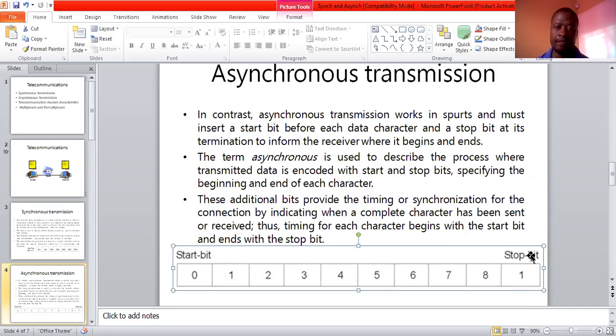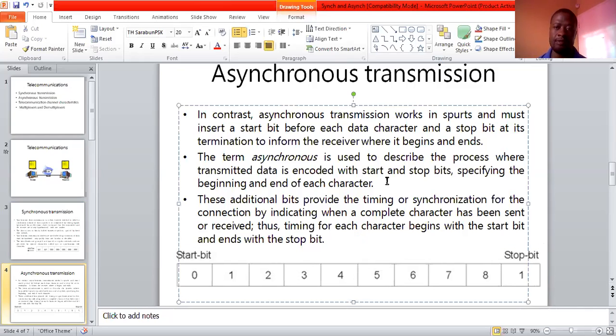When you're sending data, you need to alert the system that you are about to send something. Then when you are done, or when you want to terminate the transmission, there must be another bit sent for the other side to know that the transmission has ended. So you need to have a start bit and a stop bit.